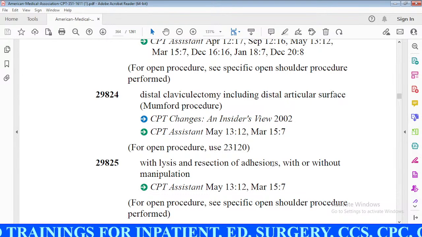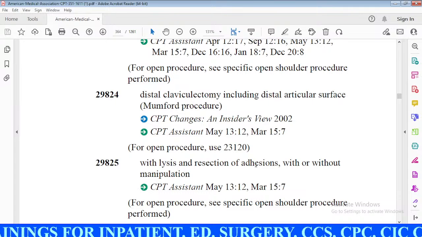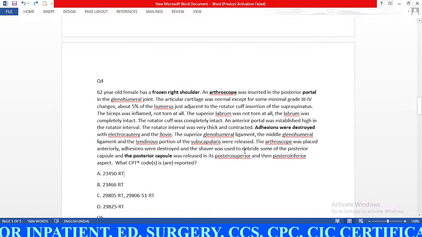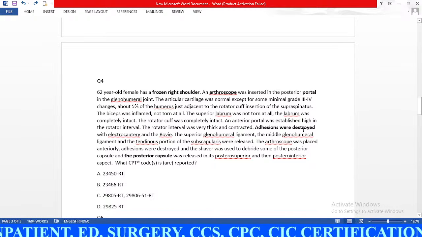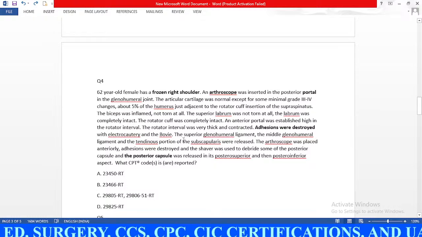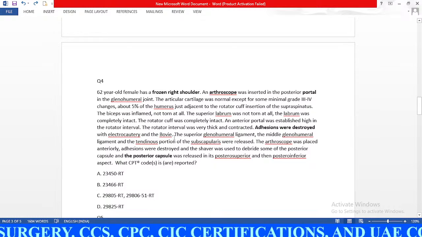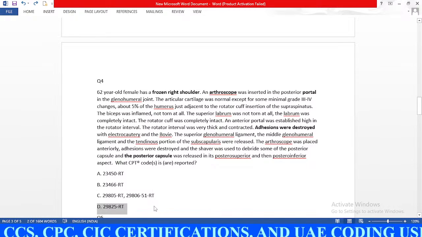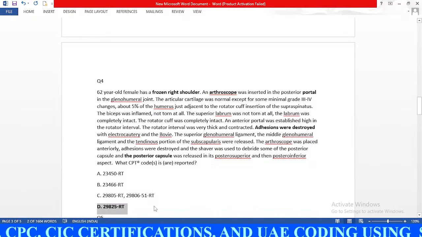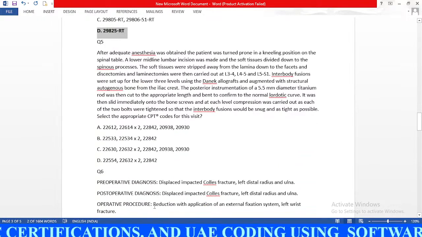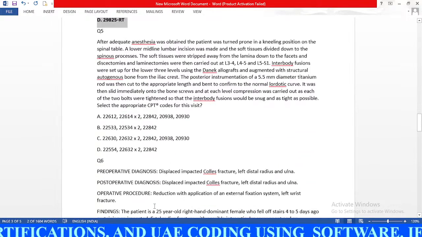You can keep adhesions first, then lysis, so it completes adhesiolysis. Sometimes you may find the keyword here: instead of adhesions were destroyed, you may find adhesiolysis was performed by the physician using electrocautery and the bovie. Anyway, most people write it correctly. So our answer is D, 29825. You can check question number 5 and write the answer now.